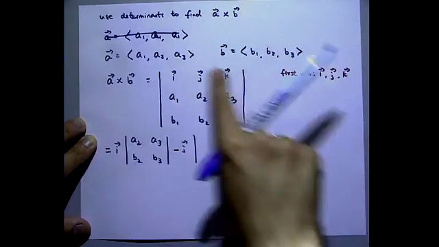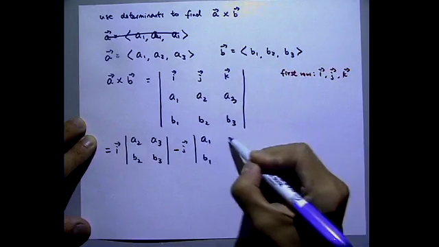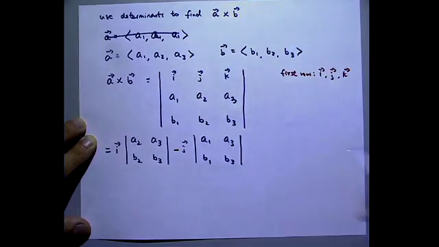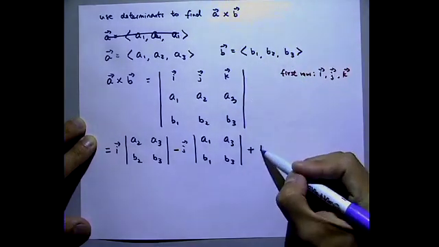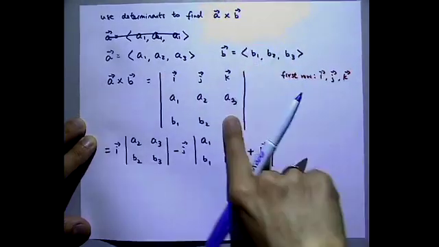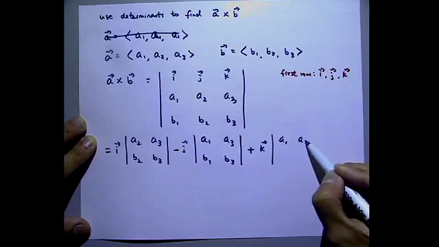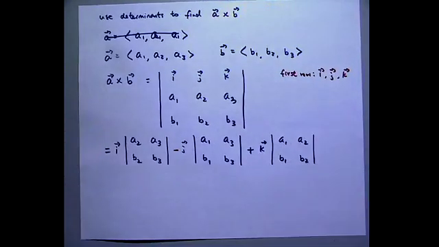Block out its row, block out its column. Finally, moving to the last one here, K. Block out its column, block out its row. We get A1, A2, B1, B2. Right?